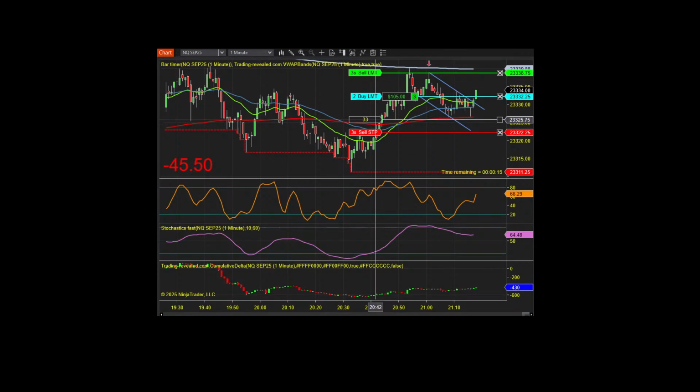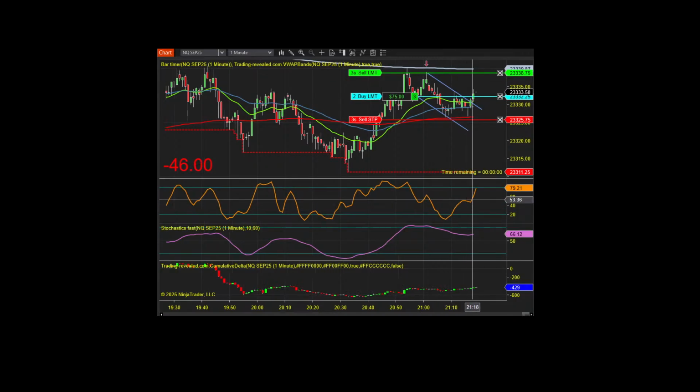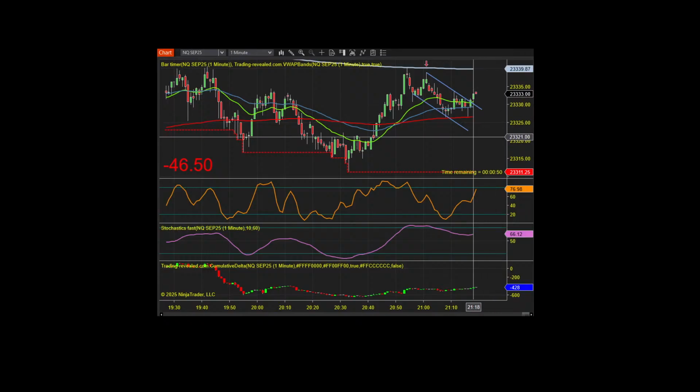Stop down here. But I'm going to get out. Okay, so I'm probably just going to get out. Yeah. All right. I just didn't want to take any more risk. That was the last trade of the night anyway.